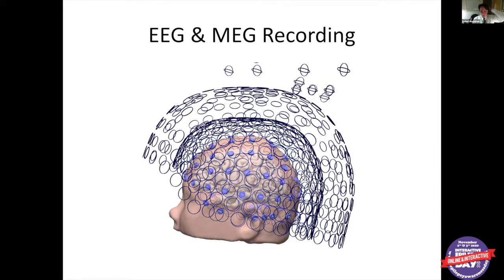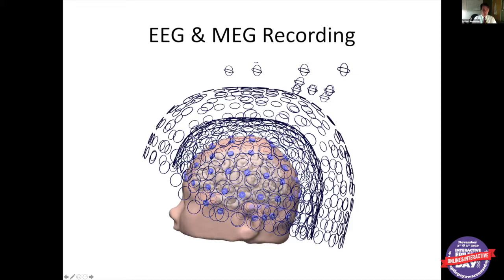There's another problem with recording EEG and MEG, and that is, you can see in this figure, the big spheres out on the perimeter, these are actually detectors for MEG, and you can put hundreds of them. Most instruments today have over 200, and a standard EEG is 21 channels or 19 electrodes.